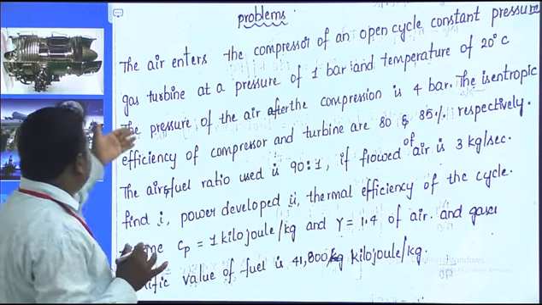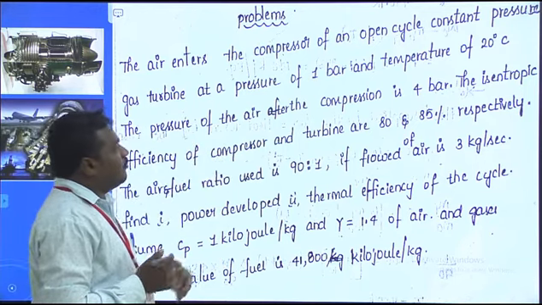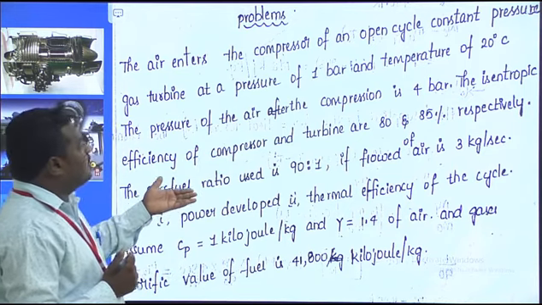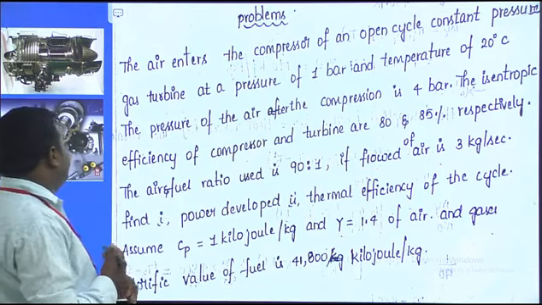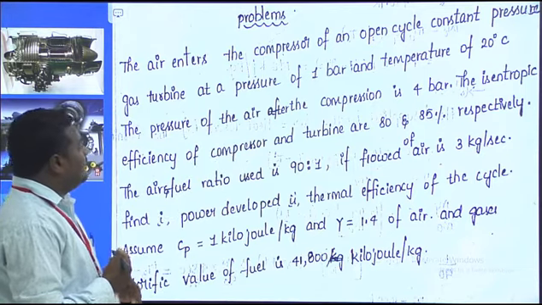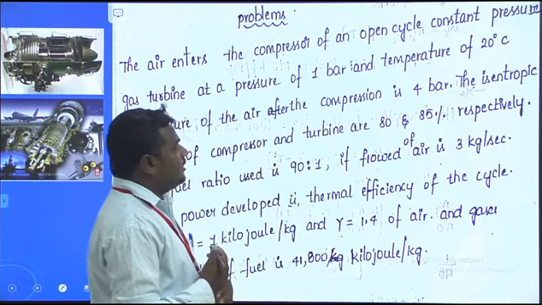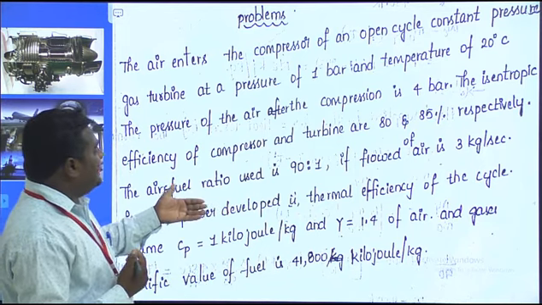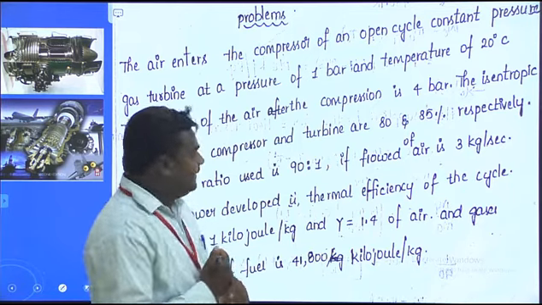The first problem: air enters the compressor of an open cycle, constant pressure gas turbine at a pressure of 1 bar and temperature of 20 degrees centigrade, and the pressure of the air after compression is 4 bar. The isentropic efficiencies of compressor and turbine are 80% and 85% respectively.